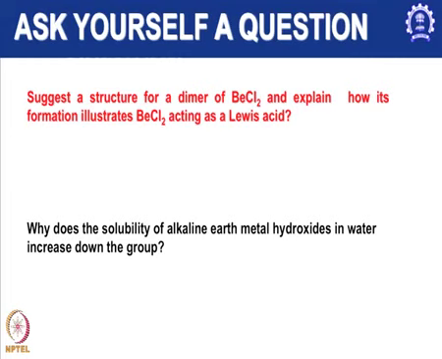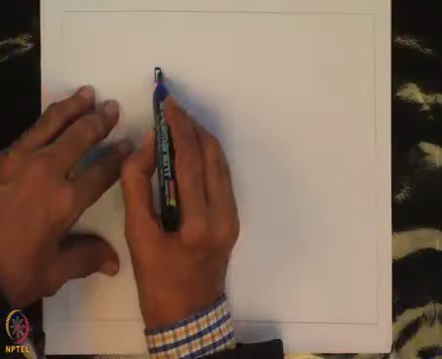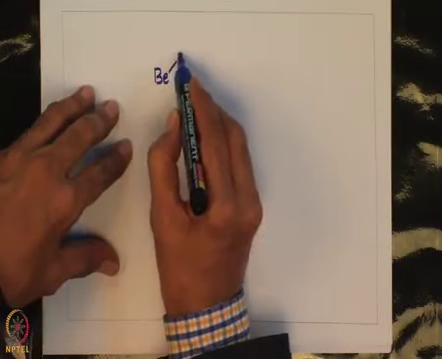That means how you can evoke the acidic and basic properties, or the Lewis acidic property, of BeCl2 that can facilitate the bridge formation or the dimeric or one dimensional chain structure. Another question I will answer shortly: why does the solubility of alkaline earth metal hydroxides in water increase down the group? So, first let us look into it, one can write BeCl2 like this.